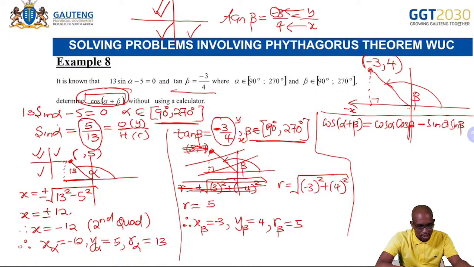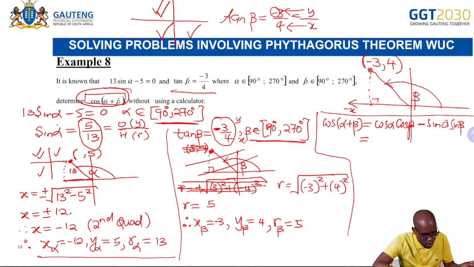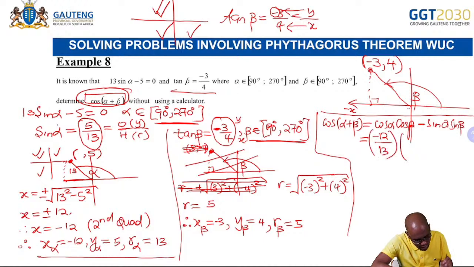We are using our knowledge of compound expansion. So what is the cosine of alpha? We are going to go to alpha now. Cos is x over r. What is x of alpha? -12. R is 13.